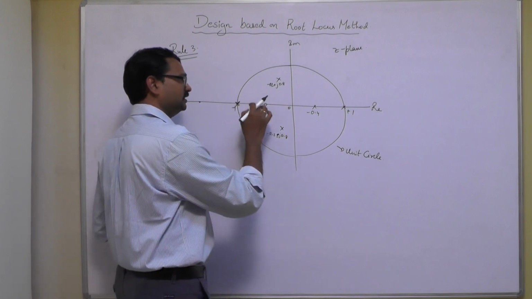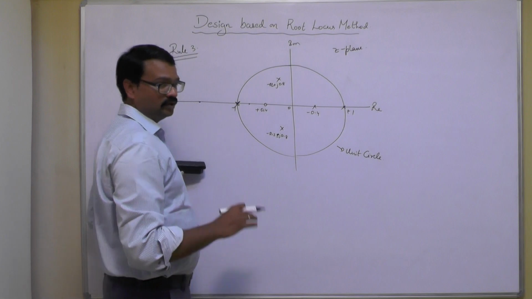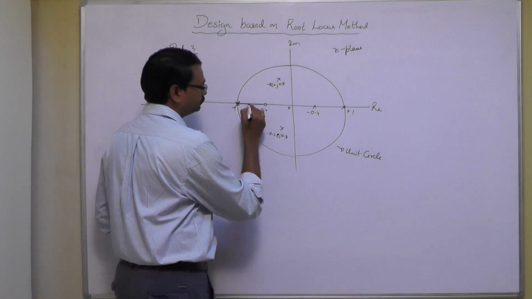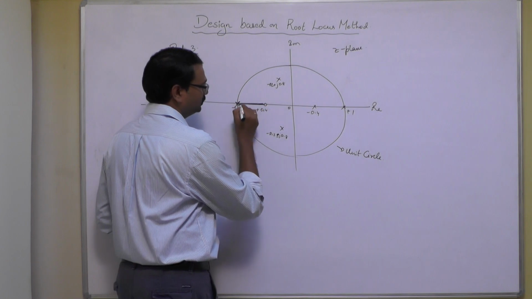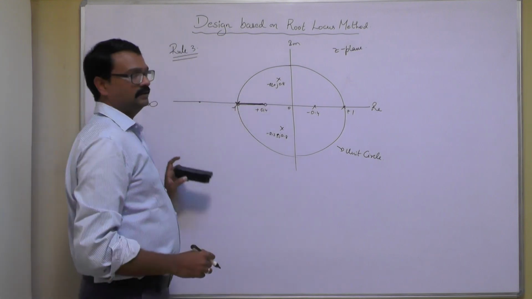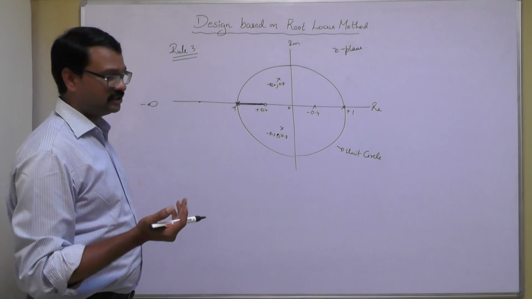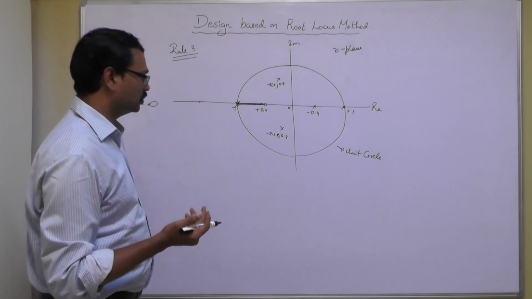Now when I count here, 1, 2, 3, 4, 5, you have an odd number. So this portion is part of the root locus.